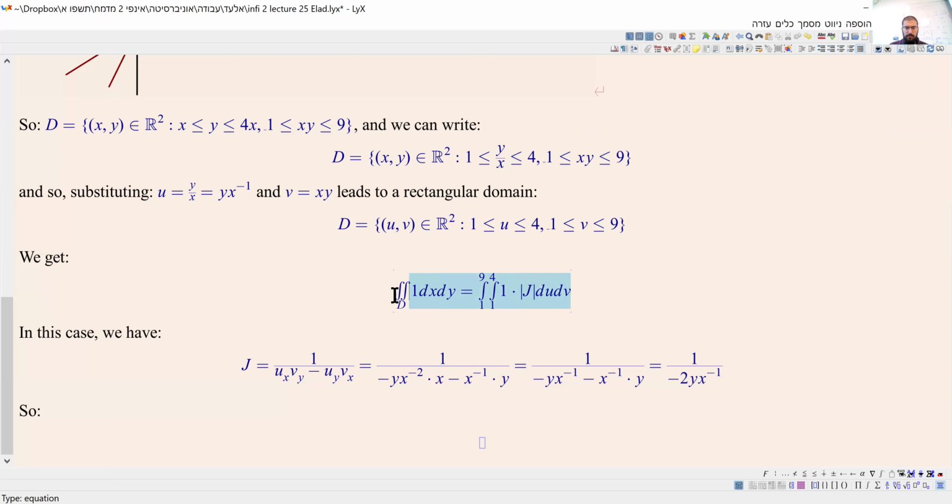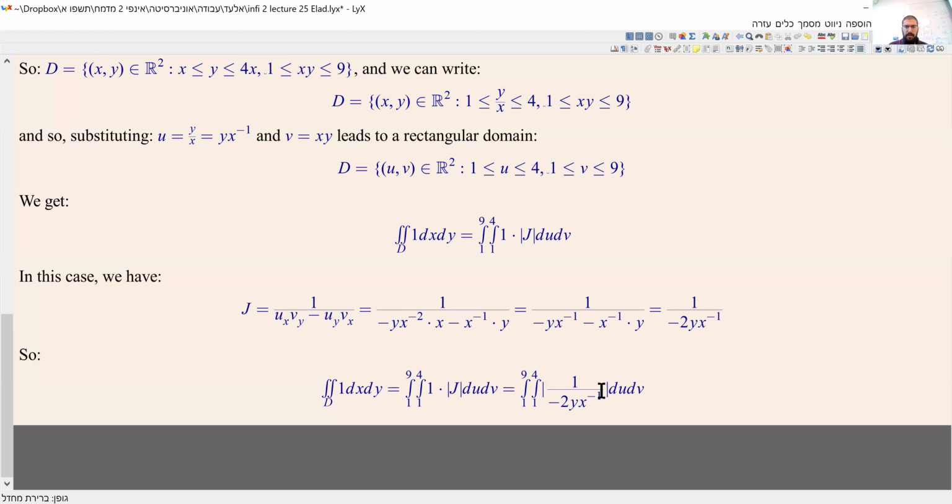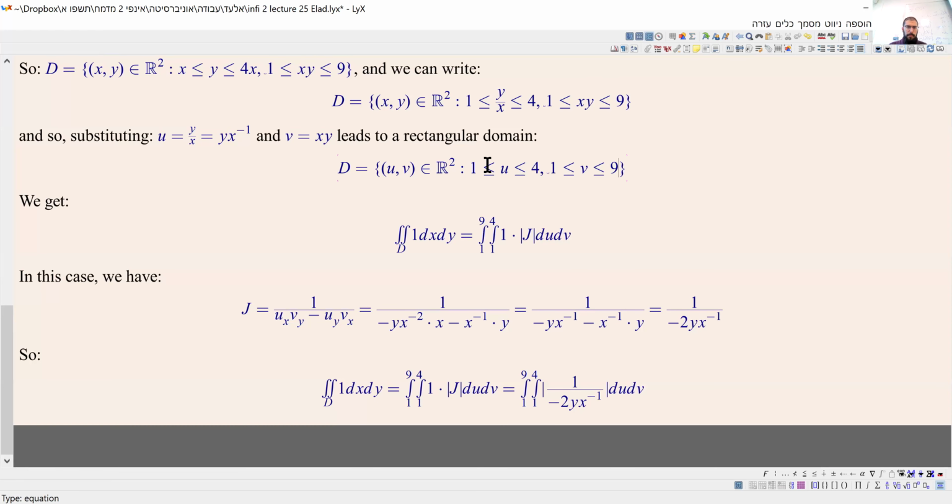Our integral is the following integral, multiplying by 1, which we don't need, right? And the absolute value of J is the absolute value of this thing. Calculating J using the opposite formula, u and v as functions of x and y, is good.